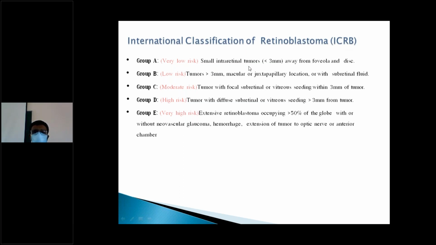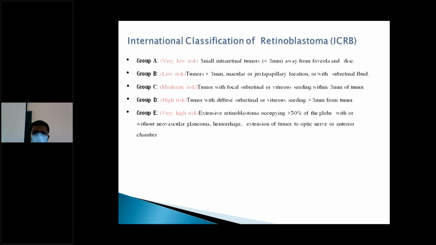Group A means very low risk. The tumor is small, less than 3 mm in size, situated at a distance of more than 3 mm from the foveola and more than 1.5 mm from the disc. That is group A. Group B, the tumor is more than 3 mm, but situated within 3 mm from the center of the fovea. The fovea is a very important area for vision.